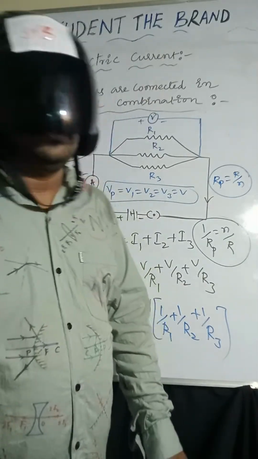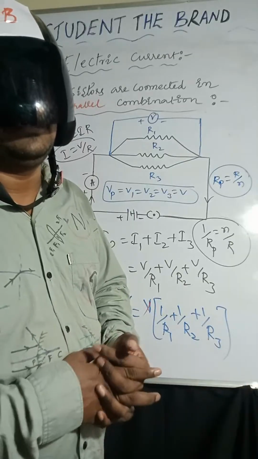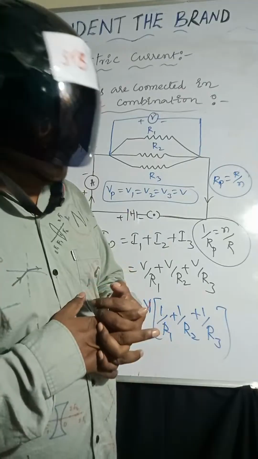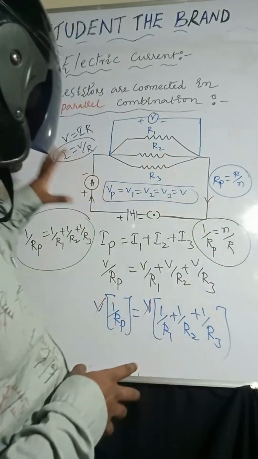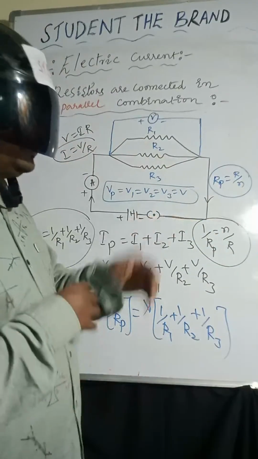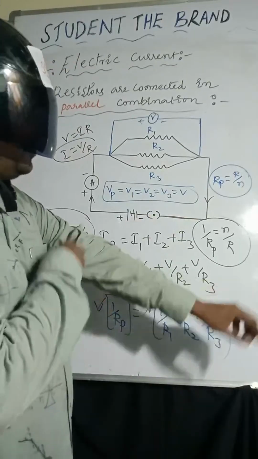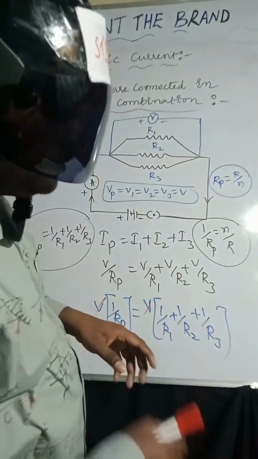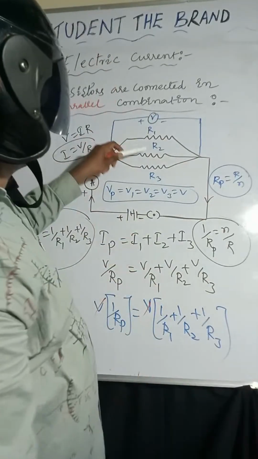Yes. So this is about resistors connected in parallel combination. Observe carefully, I am explaining once again. Listen carefully here. Resistors are connected in parallel combination: R1, R2, R3.